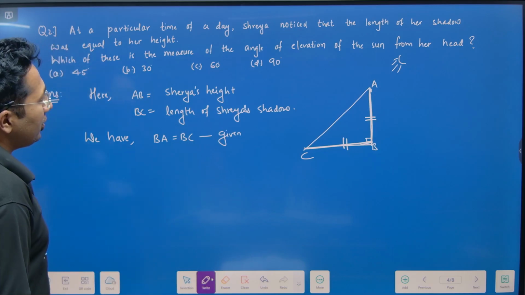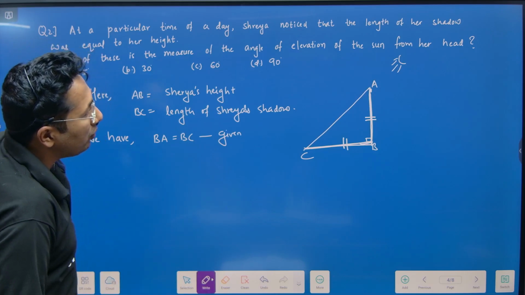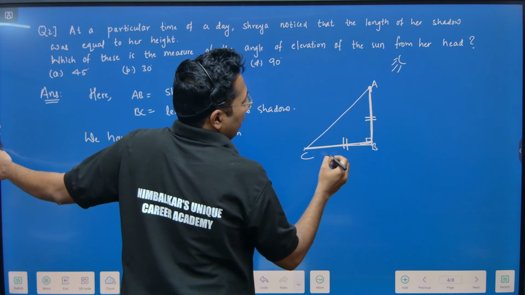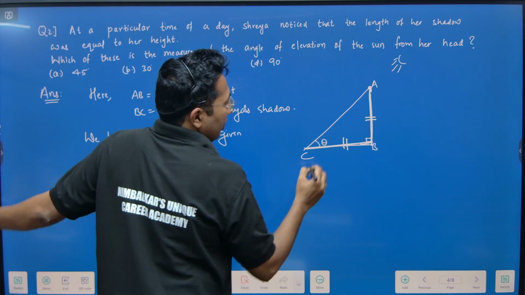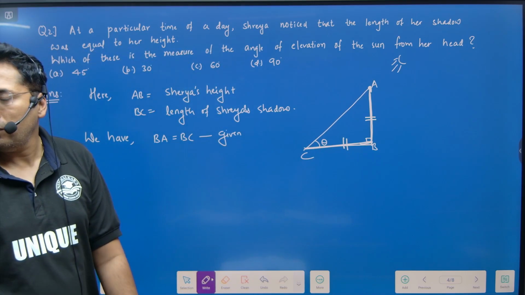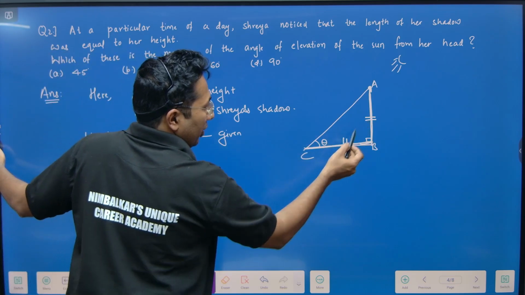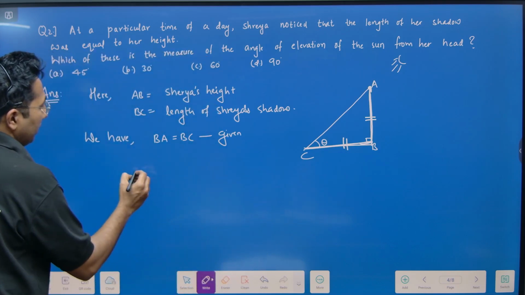What is the measure of the angle of elevation of the sun from her head? This is supposed to be her head. This is the angle of elevation. We're supposed to find out theta. How can we find it? Simple. If we have the opposite side and the adjacent side, tan theta is the formula.